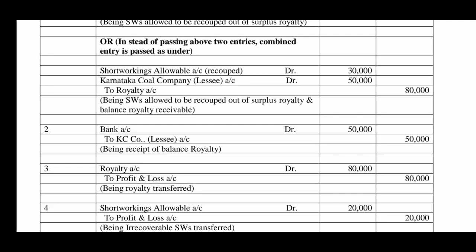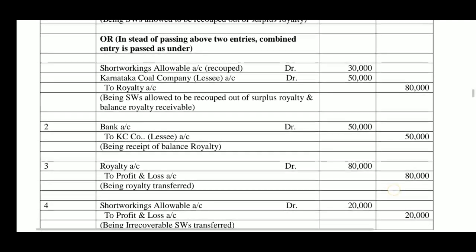We have considered two alternatives in the year 2017, here also the same procedure is followed. Now, in the second entry, balance royalty is received. Bank account debtor to KC Company account, that is Karnataka Coal Company, lessee's account is credited with the amount received. Actual amount received is 50,000, being receipt of balance royalty.